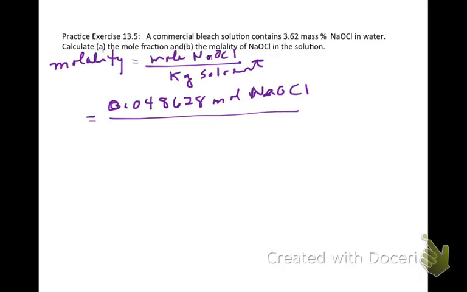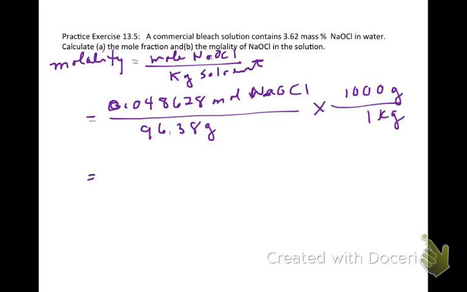Well, my solvent was the 100 minus the 3.62, which was 96.38 grams, but I need that in kilograms, and I know that there are 1,000 grams in 1 kilogram.